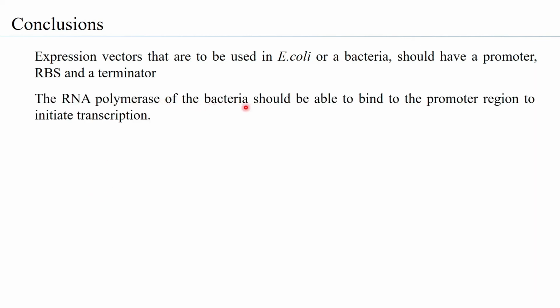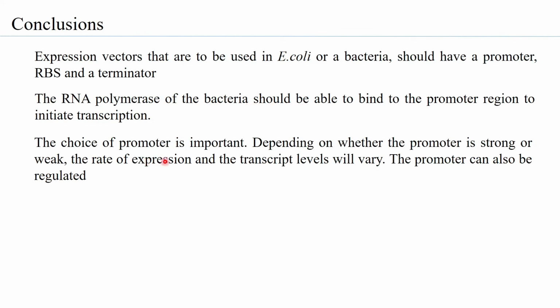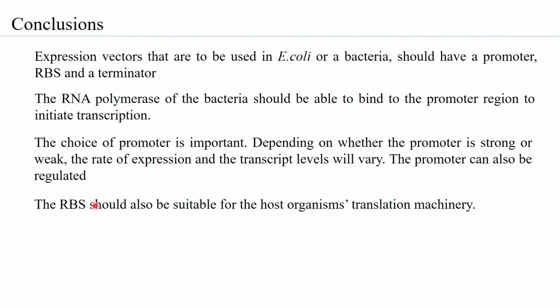The RNA polymerase of the bacteria should be able to bind to the promoter region to initiate transcription. The choice of promoter is definitely very important. Depending on whether the promoter is strong or weak, the rate of expression and the transcript levels vary. The promoter can also be regulated. The ribosome binding site should also be suitable for the host organism's translation machinery.